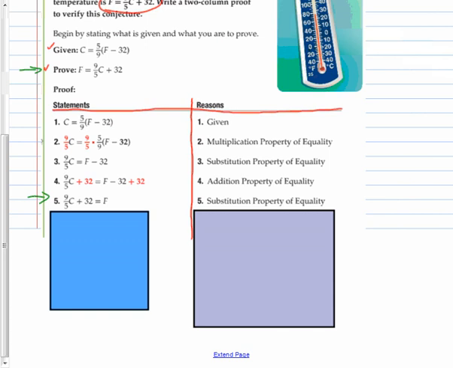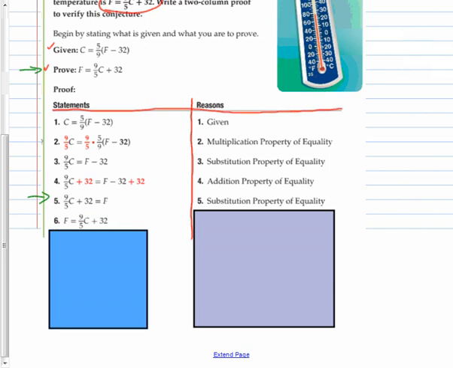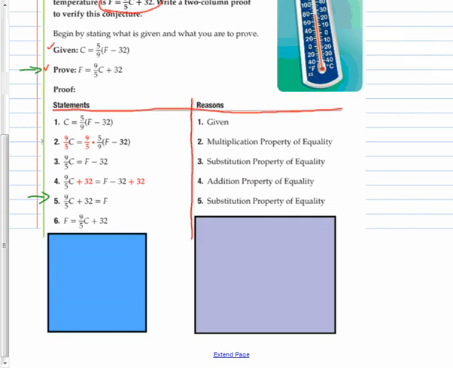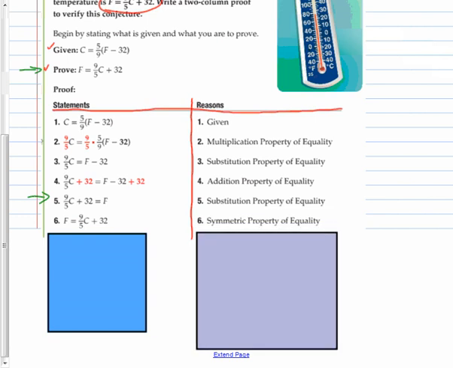The order it's written is different. I mean, it's the same value, but the order that it's written in is different. So what did they do? Use the symmetric property to just flip it around so that it looks exactly like the original one. There's a proof. Those are algebraic examples of proofs for geometry.